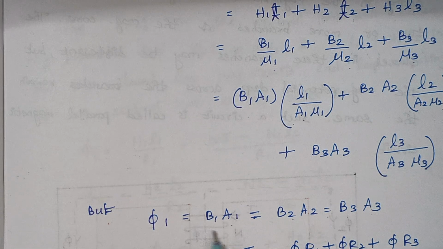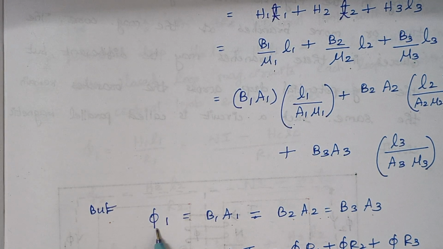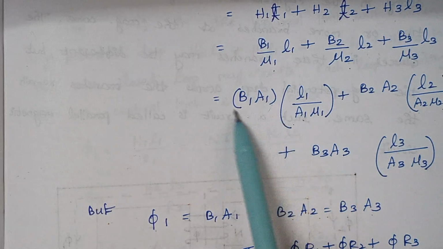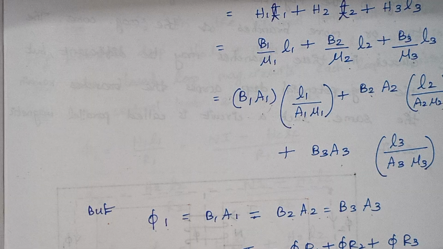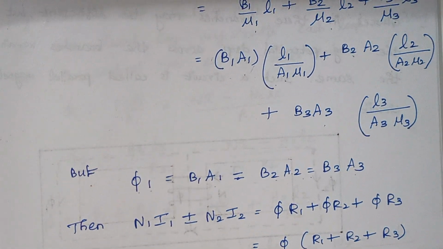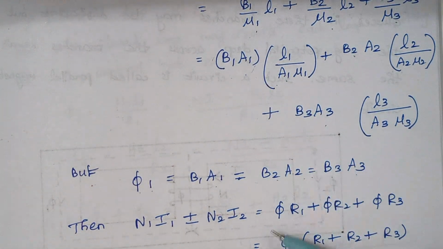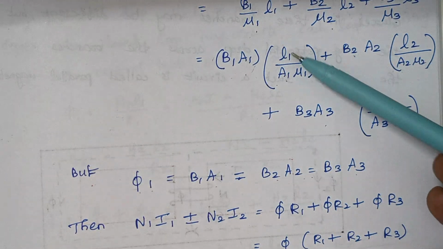We can rename B1 A1, B2 A2 and B3 A3, all the same, because the flux produced in a series magnetic circuit is the same. So we can replace B1 A1, B2 A2 and B3 A3 by phi. And what is L by A?